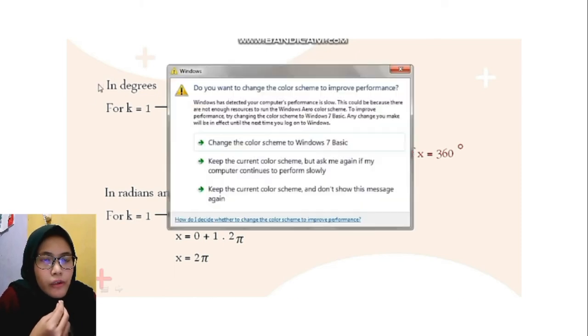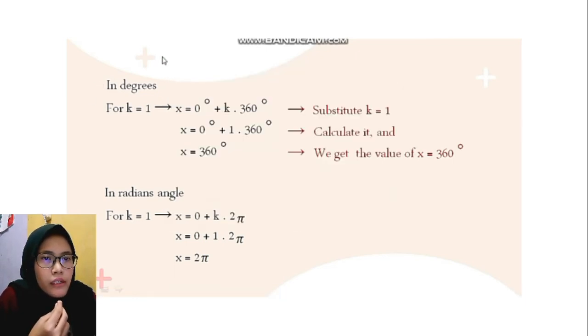Next, in degrees for k equals 1, substitute k equals 1 and calculate it, and we get the value of x equals 360 degrees. In radian angles, for k equals 1, in the same way, x equals 2π.